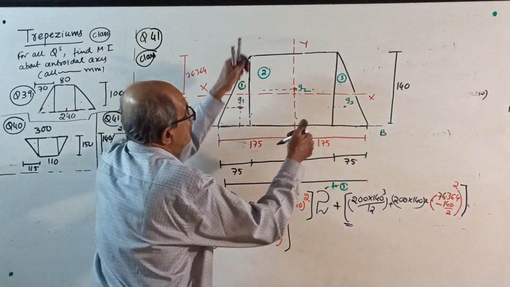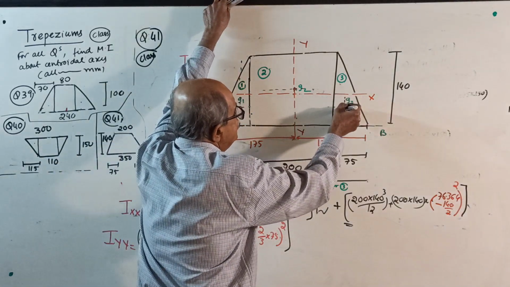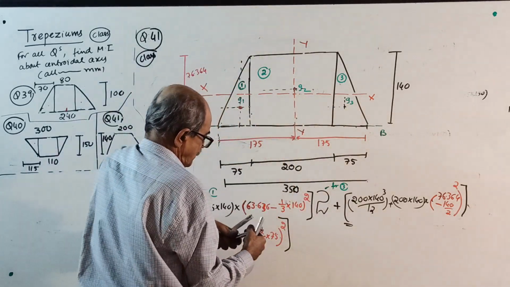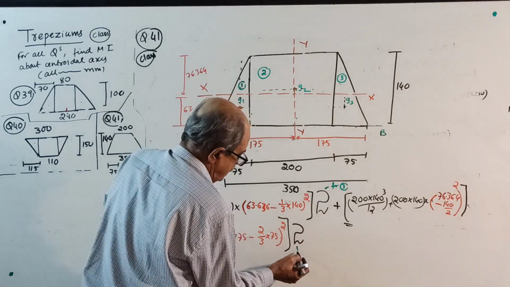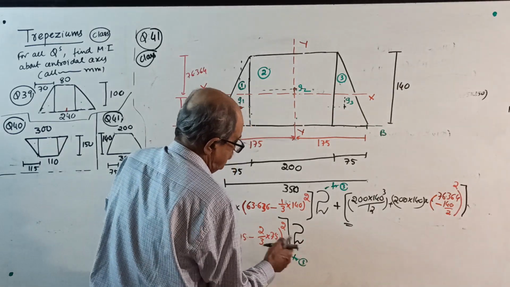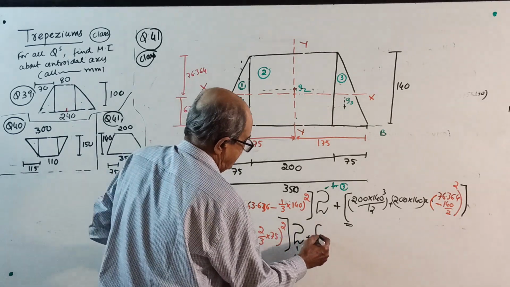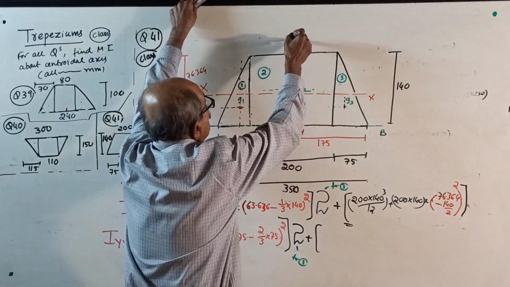Then once again, same Ig, same A square, not required, multiply by 2. This is to take care of part number 3. Plus, now the central rectangle, I about YY.